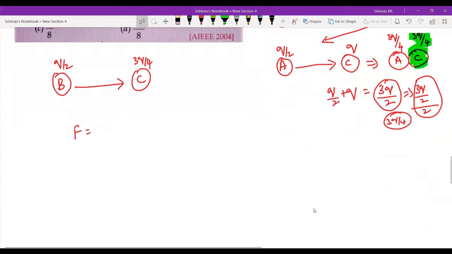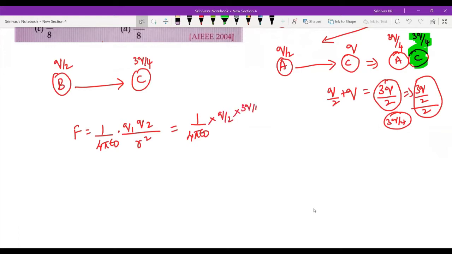So what is the force of repulsion? F is equal to 1 by 4 pi epsilon naught Q1 Q2 by R square. Here Q1 is Q by 2 and Q2 is 3Q by 4.